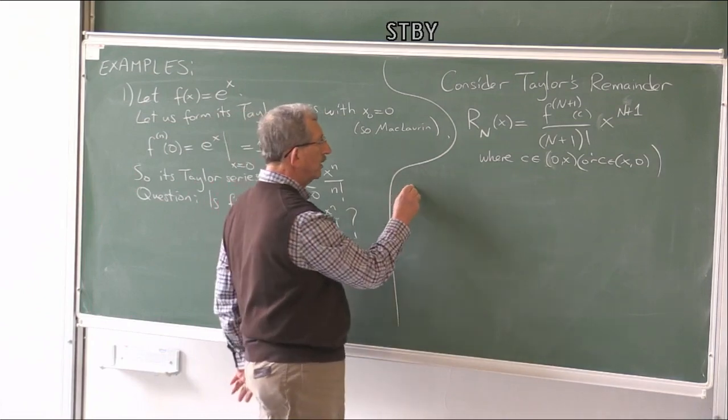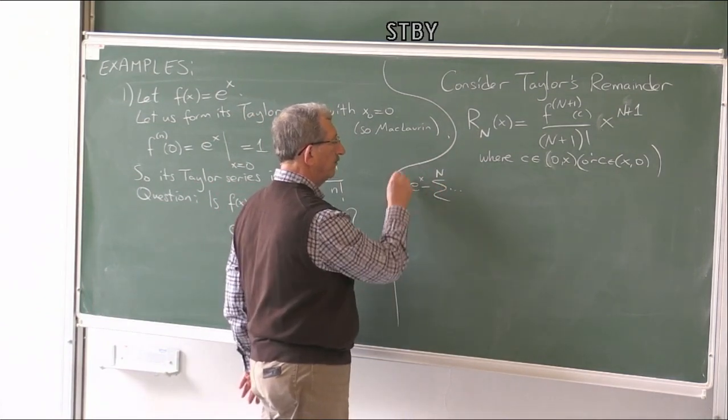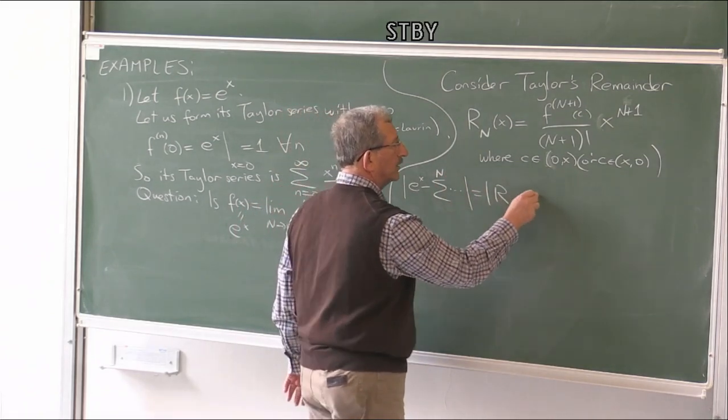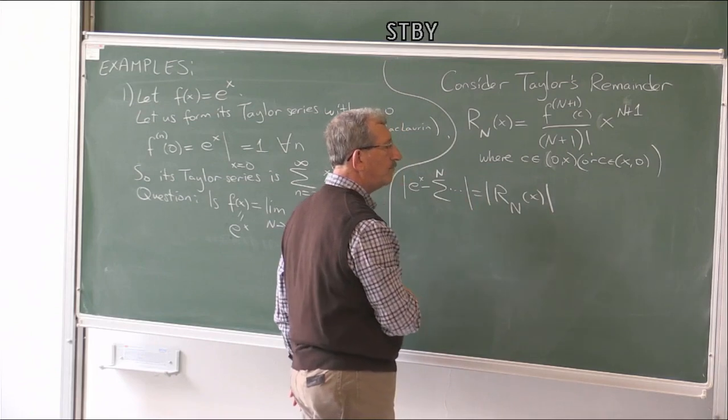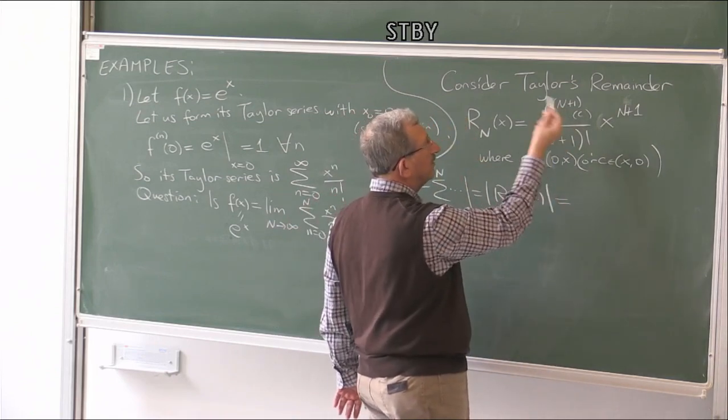So e to the x minus the sum up to n would be the absolute value of R_n of x, which is, now, what are the derivatives here?